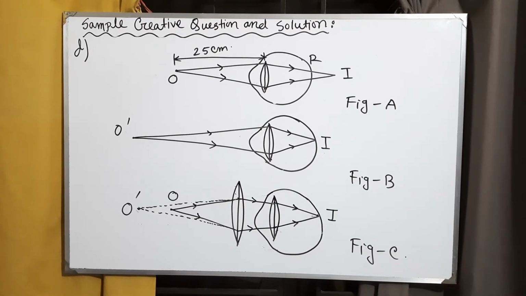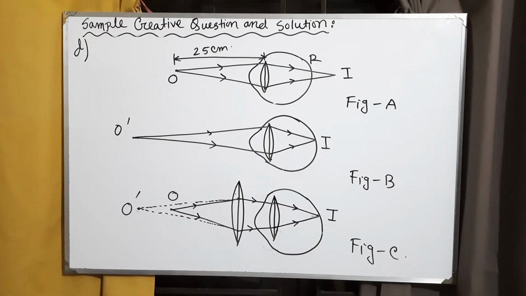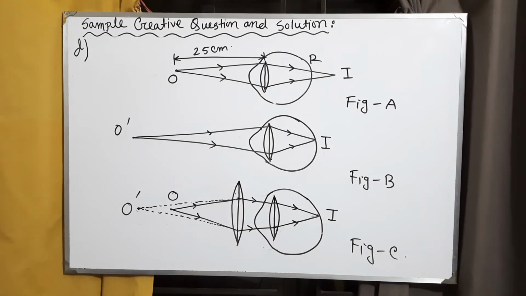Therefore, to rectify the defect, the power of convergence of the eye's lens should be increased. For this, a convex lens of suitable focal length, such that suitable power, should be used as aid lens or spectacles.